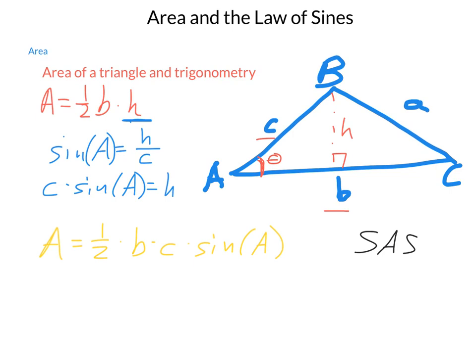So I can end up with area is 1/2 BC sine of A. I could also do 1/2 A times C times the sine of angle B, or I could do 1/2 A times B times the sine of C. So as long as I know any two sides and their included angle, I have a way of computing out the area of my triangle. So let's do a little bit of practice with it.